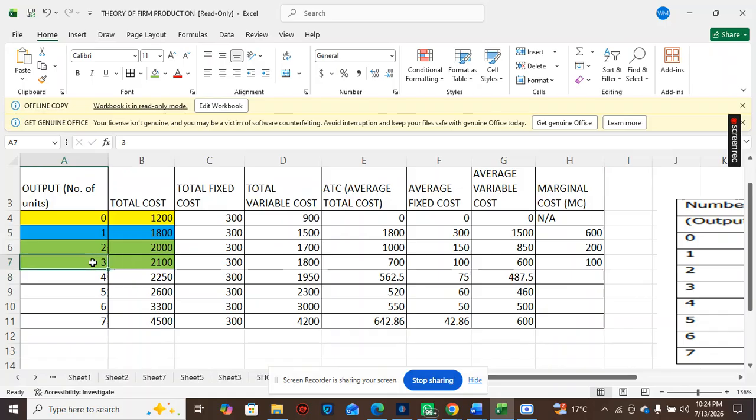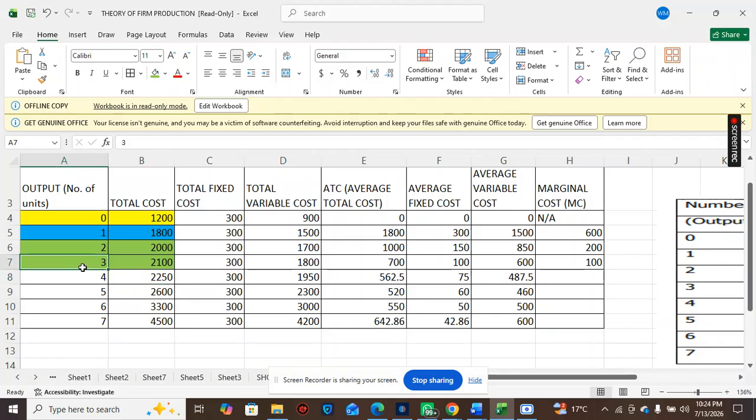This third unit has brought an extra cost of 100 kwacha. Remember, the denominator is always 1 because 3 minus 2 is 1, so 100 divided by 1 is 100. The denominator is always 1 in this case. That's why I'm just subtracting the total costs. I'm not even doing any division because the denominator is just 1.